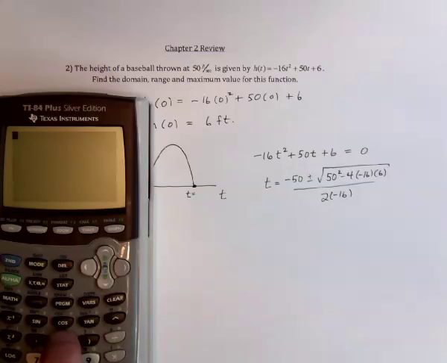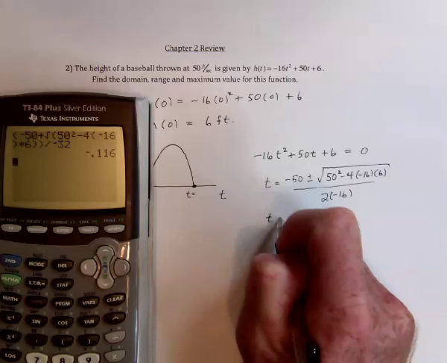So if I do this all at once, it's going to look like parentheses negative 50 plus the square root of 50 squared minus 4 times negative 16 times 6, and then close the square root and the numerator, divided by the denominator, which is negative 32.